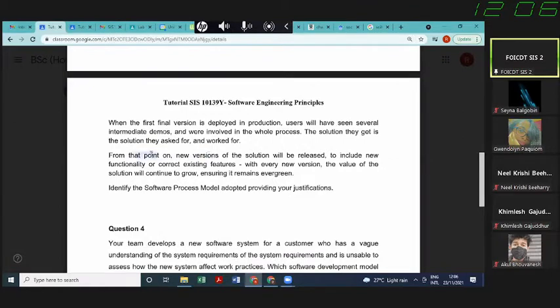But anyway, all new releases, all increments, have to correct existing features. So even incremental or incremental prototyping is going to correct existing features to improve the system.